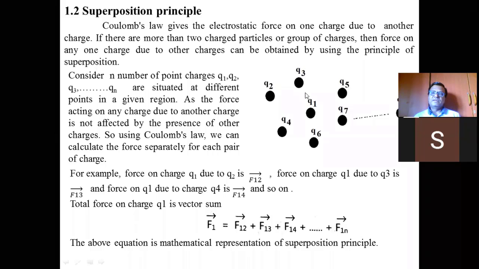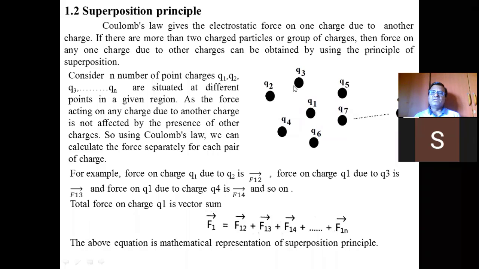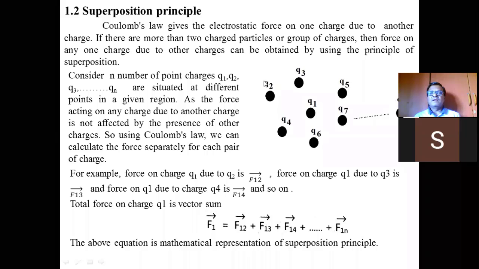Here in this figure, I have given a large number of charges Q1, Q2, Q3, Q4, Q5, Q6, Q7, and so on up to Qn. There are a large number of charged particles present in this medium or in this system. In this case, we have to find out the force exerted on any one of the charged particles.